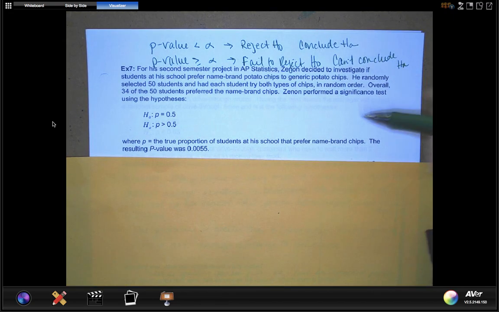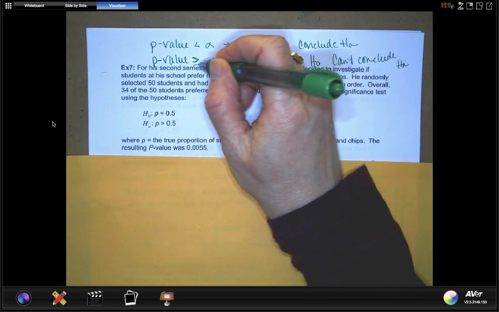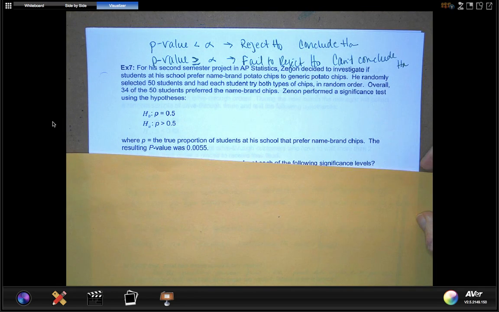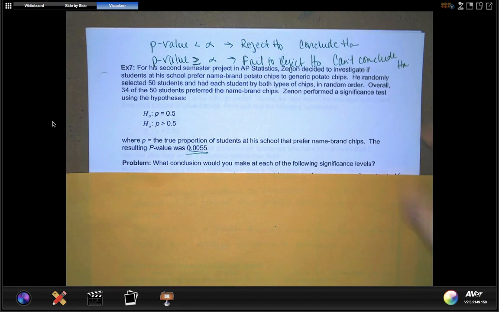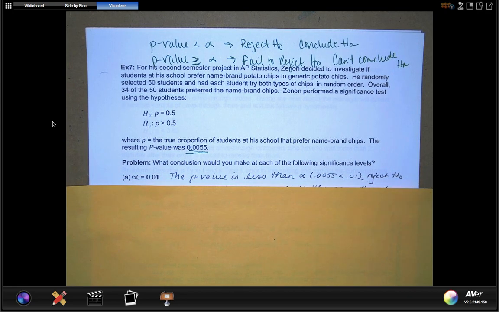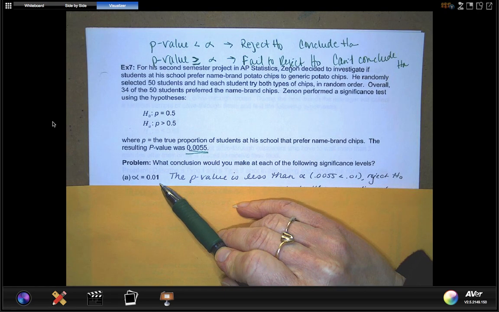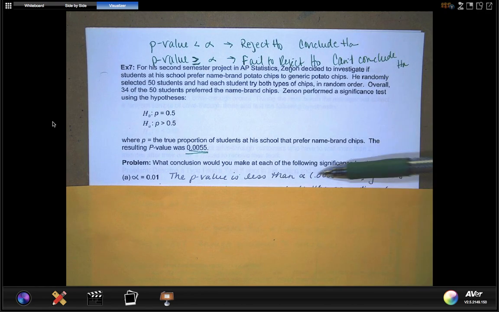All right, so again, pause the video, read about Xenon and his potato chips. All right, so he gets this p-value. What conclusion would you make at each of the following significance levels? If you notice here, I try to also make this pretty standard for you. In this case, if this is my significance level, this number is less than that, so the p-value is less than alpha.